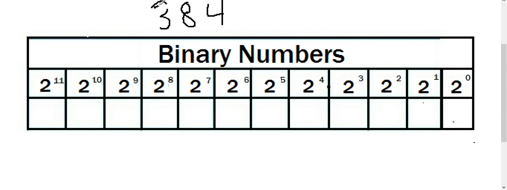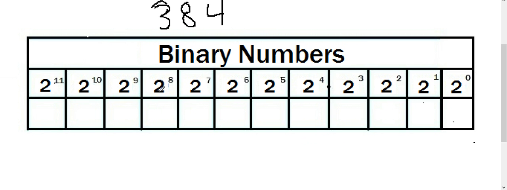So we have to think of the biggest number that can go into 384. Keep in mind, this is the 128th place. 2 to the 8th is the 256th place. 2 to the 9th is 512. So that's too big. We need to move to the next spot.